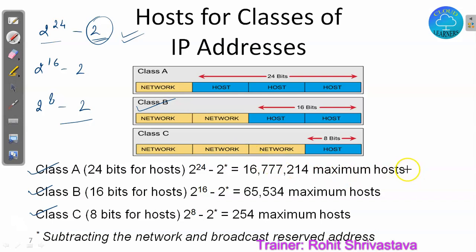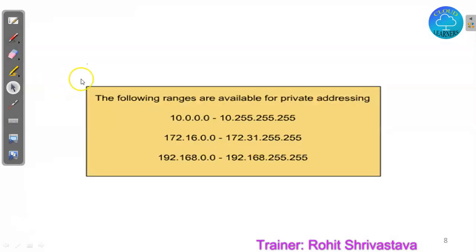So in class A, we have 16 million. In class B, we have around 65,000. And in class C, we have 254 maximum hosts that we can create. These are the IP addresses that you have seen the most in your organization.